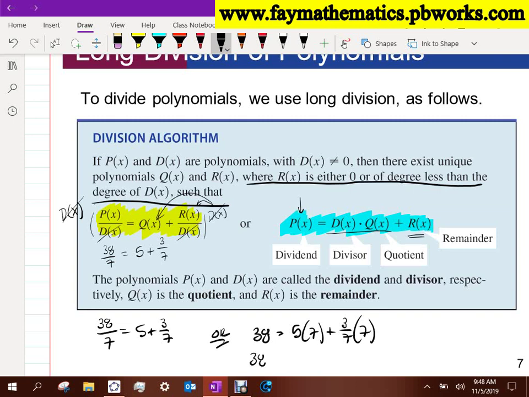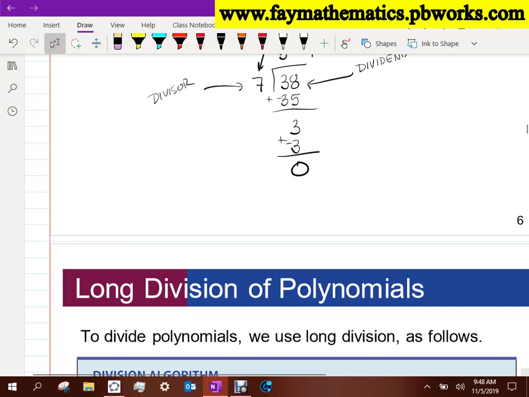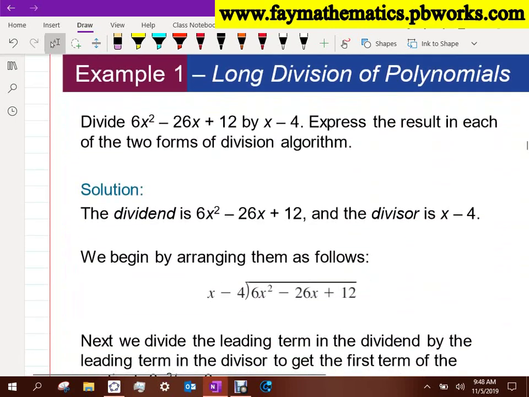Does that give me 38 equals 35 plus 3? You guys agree with that? Okay. So that is what those two highlighted arguments are saying to us. Okay. So I'm going to do an example of long division. But the idea is, if you could do 38 divided by 7, you ought to be able to do any one of these things that we do.